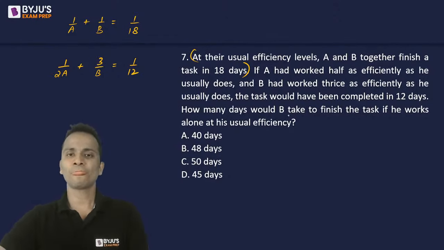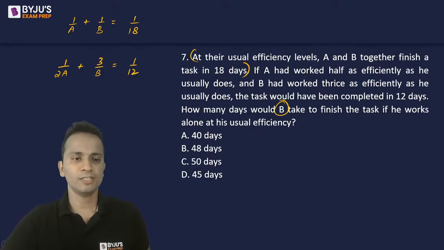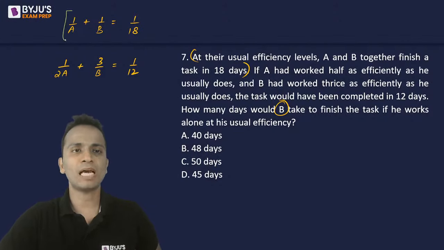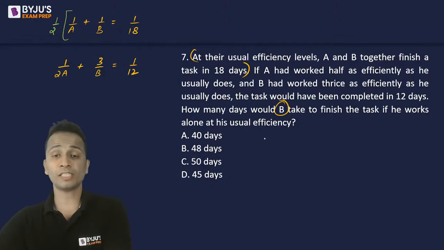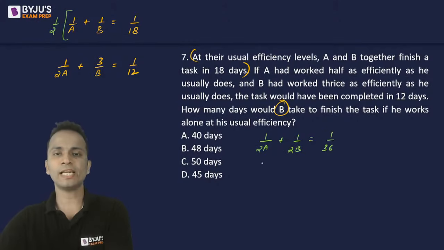Now since we have to find out the value of B, I will eliminate A. A को eliminate कर देते हैं. I'll multiply the first equation by half. So the first equation will become 1 upon 2A plus 1 upon 2B is equal to 1 upon 36. Second equation, 1 upon 2A plus 3 upon B is equal to 1 upon 12.